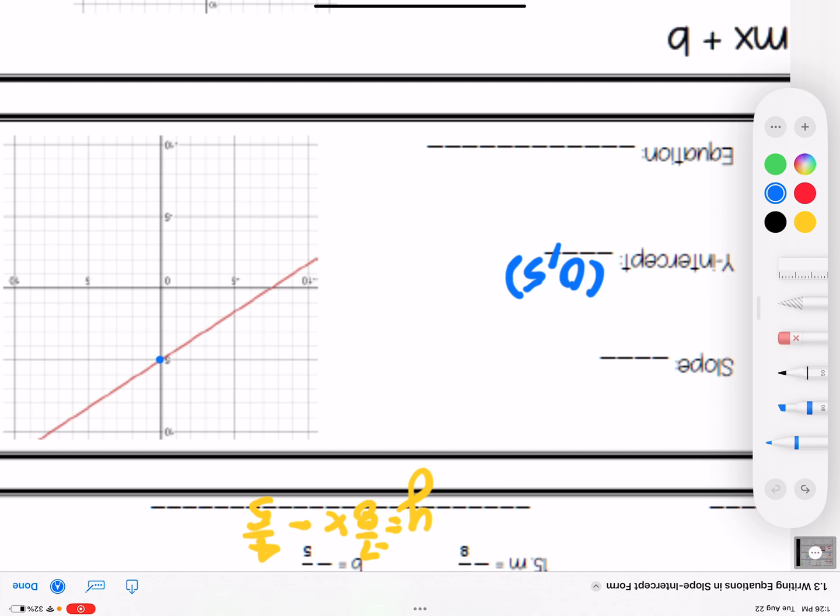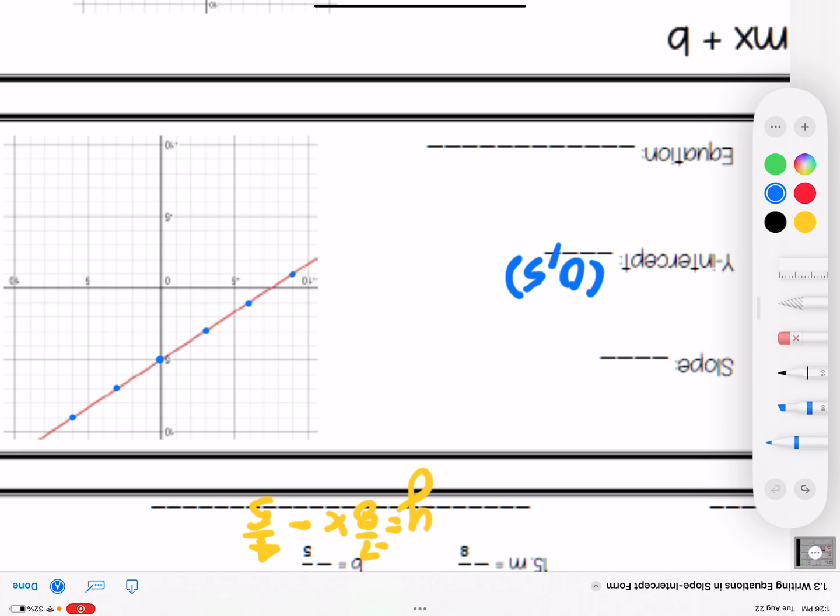Next, I want to find a point where it crosses my grid line, okay? So any point where it crosses any of the grid line right there. So we look for that, and I can see that it crosses the grid line here, it crosses the grid line there, and again there, and again there, and again there.